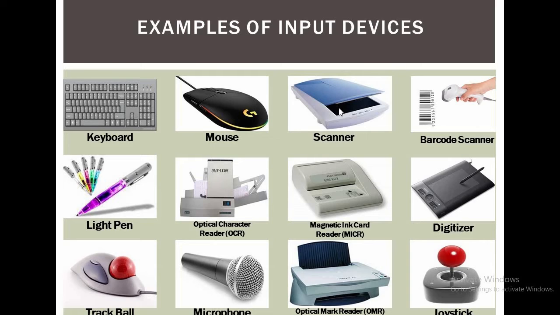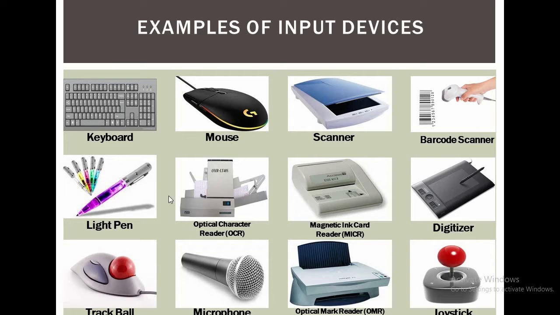So we use printers to convert soft copy to hard copy, and the same way you can use a scanner to convert hard copy into soft copy. The scanner is the input device through which you can place your document. If you have your result, maybe somebody is in another state and asks for that result exactly as it is. You can even sign your signature on a paper, scan it and send it to someone that you trust.